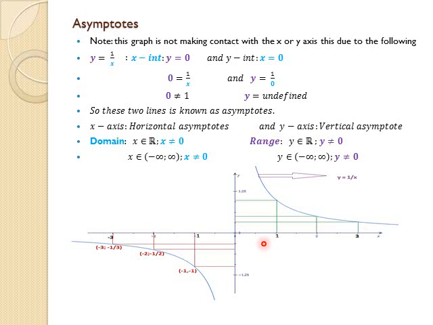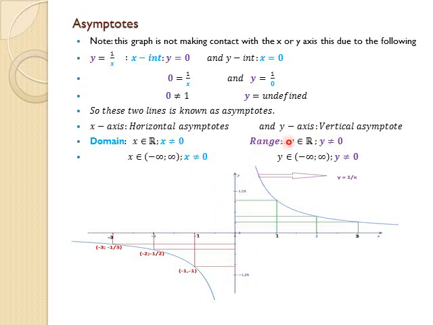Right, then the domain: all the permissible values of x. So for the domain, x is an element of real numbers, but x not equal to 0. As that graph continues, it will make contact with all my x values on both sides, but it's not going to touch where x equals 0, which is the y-axis.